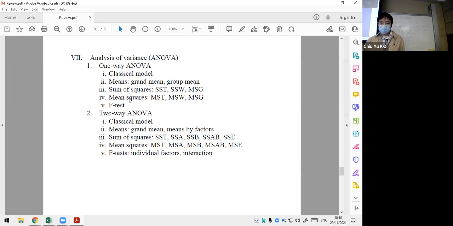That means that instead of doing t-tests all the time to compare many groups, you just do it once and for all. And of course this is the first step you should conduct when you manage a group, right? And if you reject the null, then go ahead to see which groups are different. You do group by group, but that is the first step to do. Just do aggregate tests.